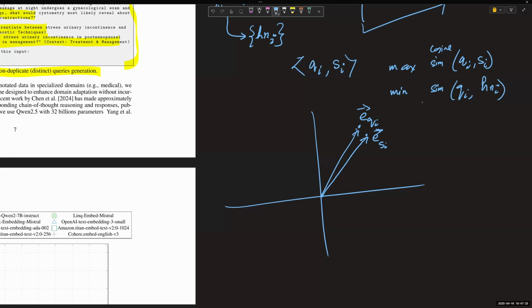But for something that is a hard negative, which seems to look similar but isn't, you try your best to push it out. In the ideal case, you want to push it out as much as possible, right? The hard negative, you want to push out to a point here. Right? You would want to do that, isn't it?